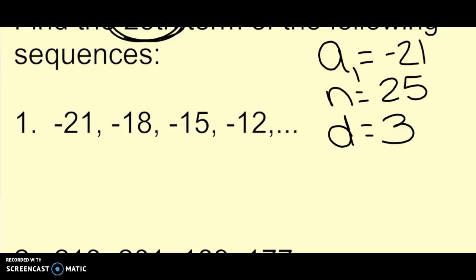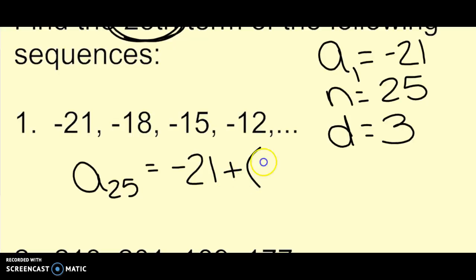Let's plug this into our formula. a sub 25, because we're looking for the 25th term. This does not mean multiply by 25. It just means we're looking for the 25th term. Our first term is negative 21, and we're going to add 25 minus 1 times our difference.